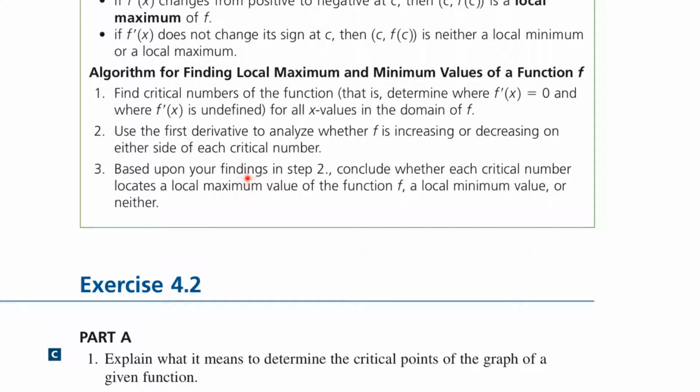Based upon our finding in step 2, conclude whether each critical number locates a local maximum or a local minimum for the function f, or neither.